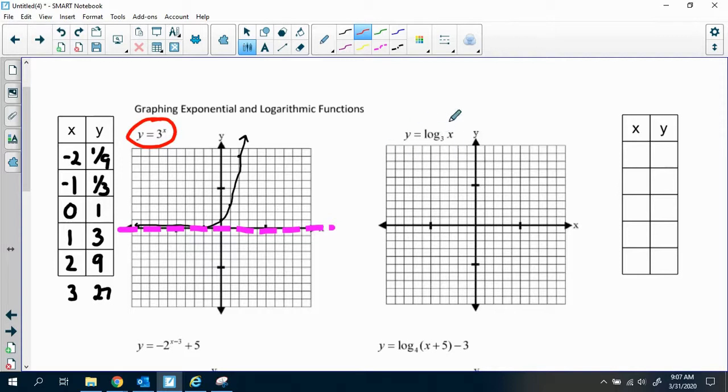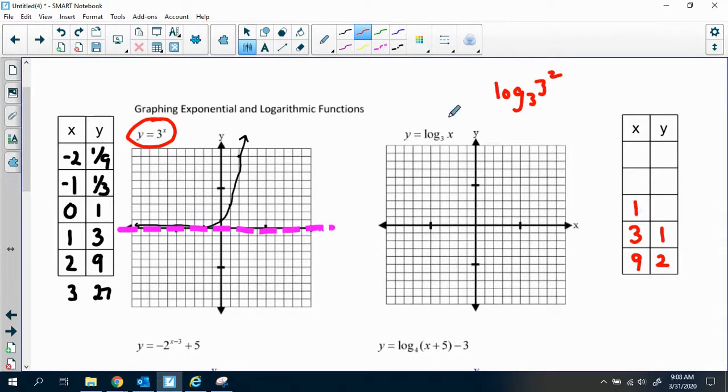Now, we are graphing y equals log base 3 of x over on this side. And I know that if I sub in 3 for x, log base 3 of 3 is 1. That's something that we've worked on numerous times. If I sub in 9 for x, log base 3 of 9 is the same thing as log base 3 of 3 squared, so I get 2.